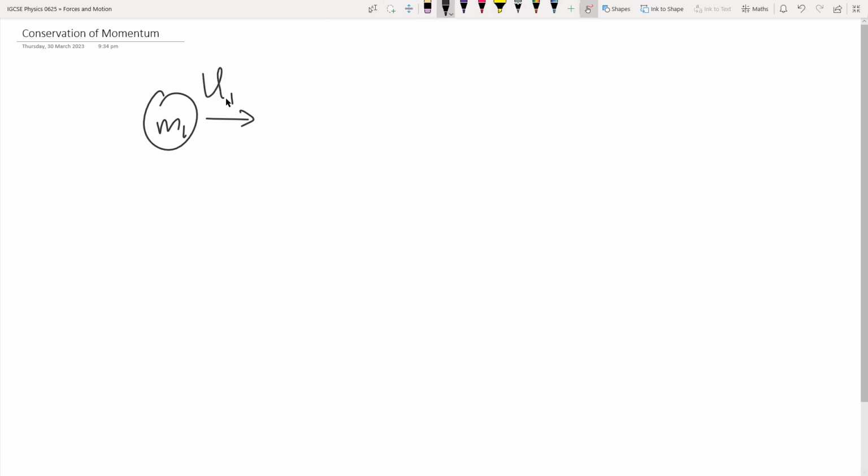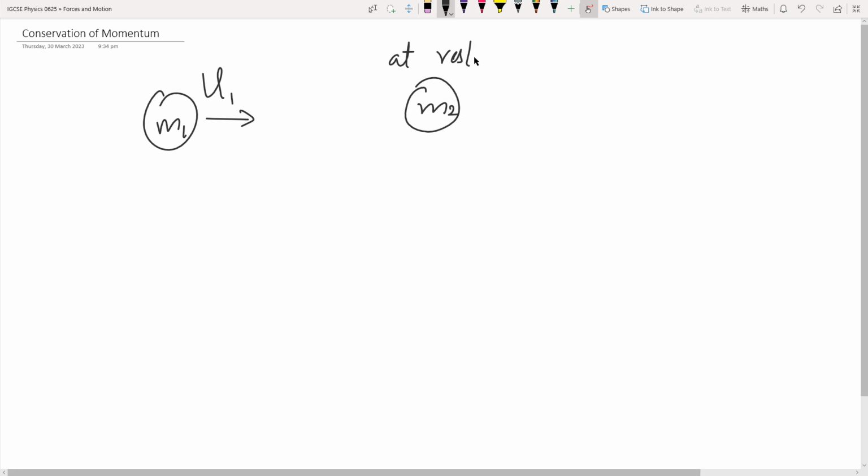And it collides with mass m2, which is at rest. That means v1 is 0.